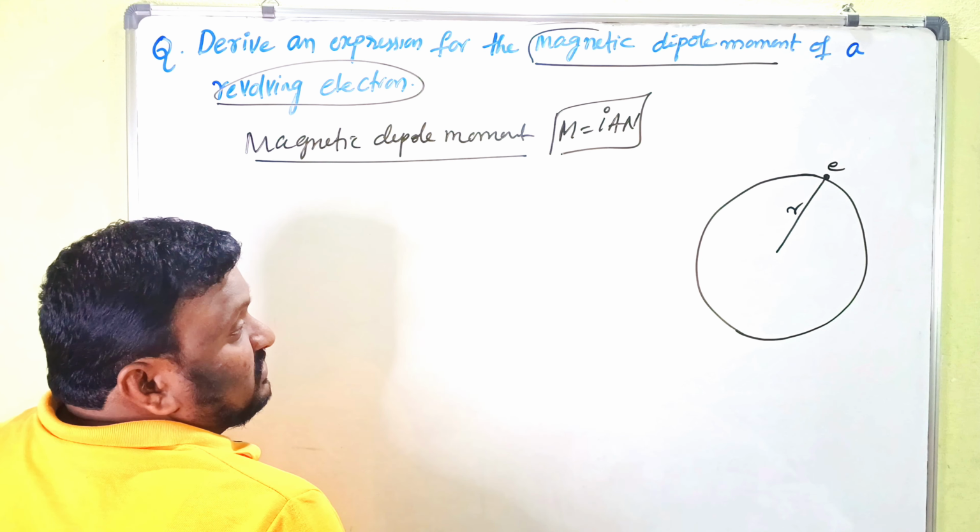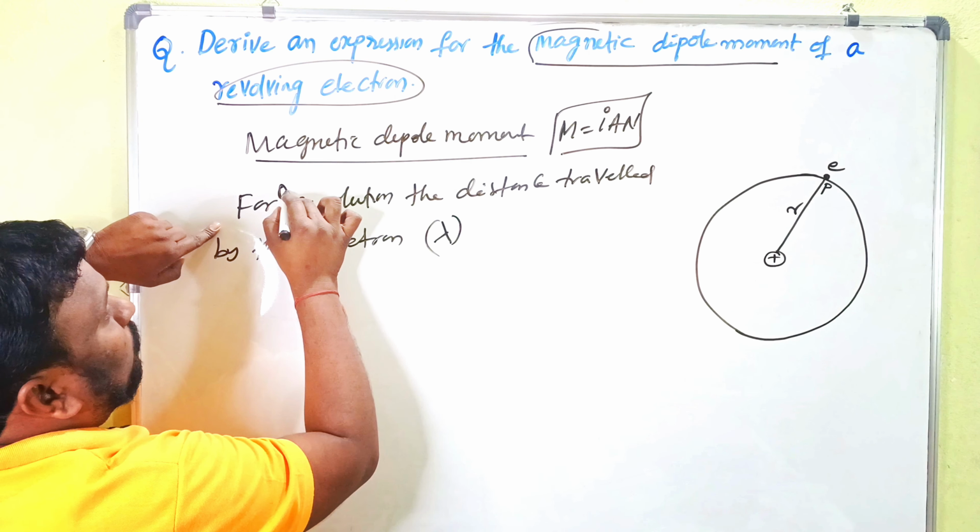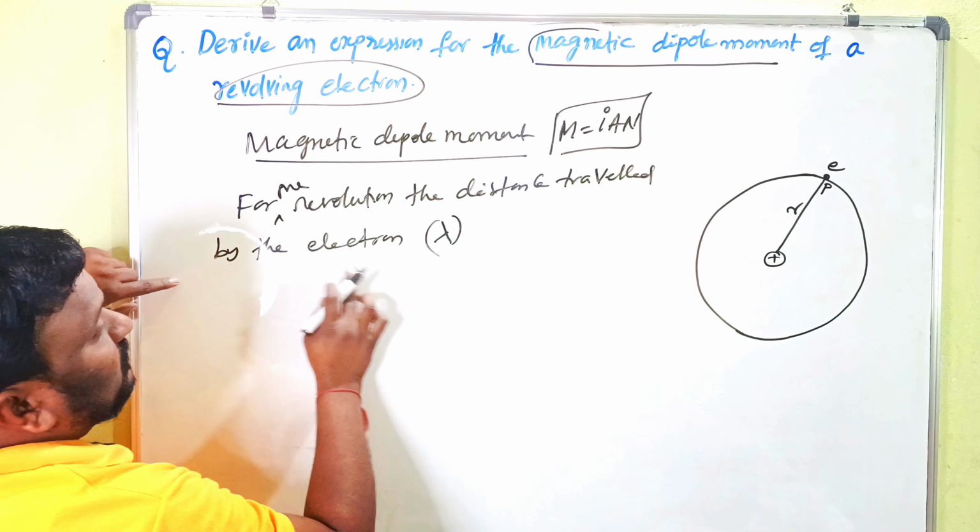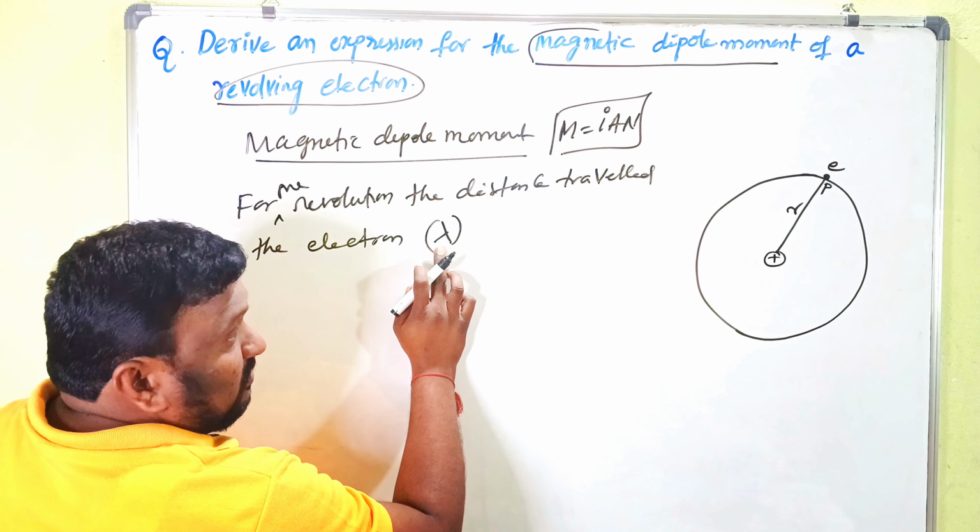For one revolution, the distance traveled by the electron is nothing but the wavelength.